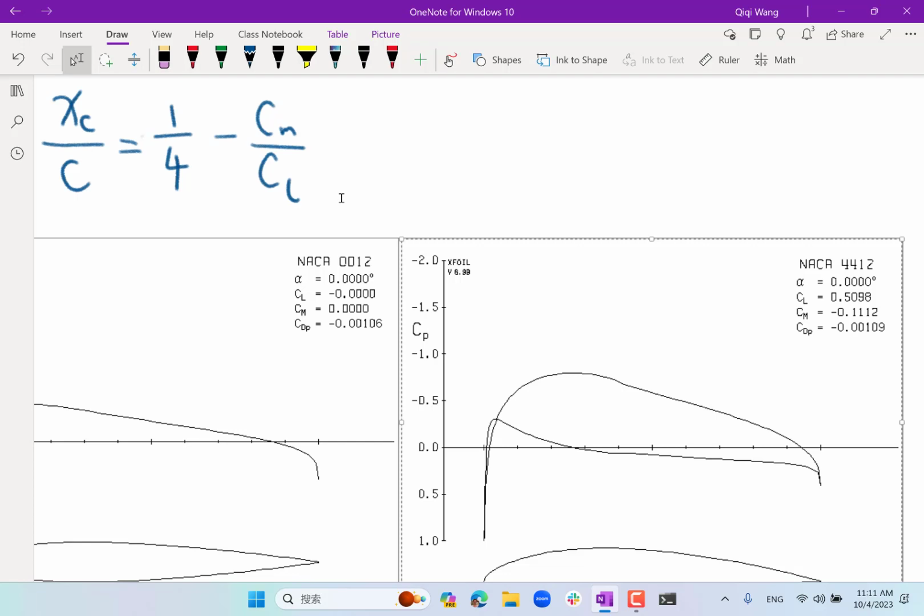Yes? The CM will stay the same, right? That's right. CM stays the same no matter what angle of attack I put it on, right? And the CL is what I've told you, right? 0.4 and 0.5. So let's do the calculation. Anybody have results?